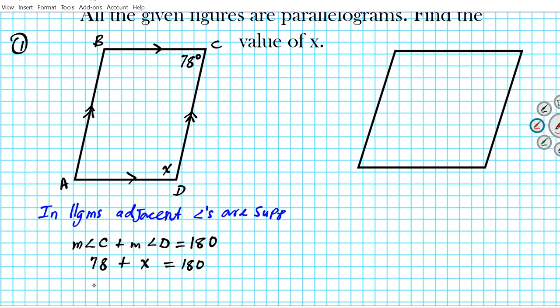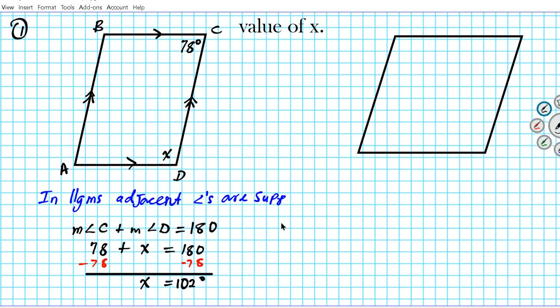To solve this, we simply subtract 78 from both sides of the equation, and that will give us our final answer. 180 minus 78: 10 minus 8 is 2, and 17 minus 7 is 10. So x is 102 degrees. That is the answer to question number 1.